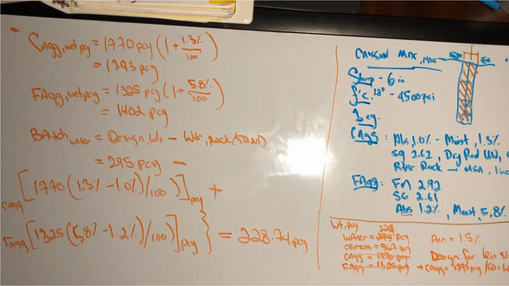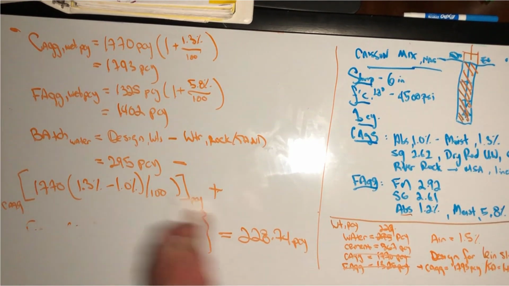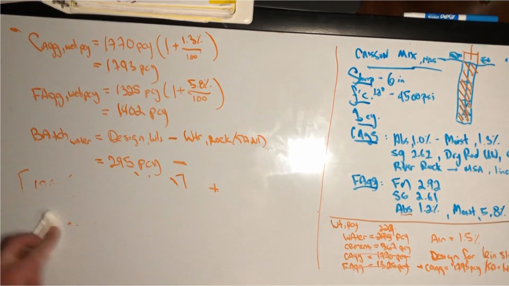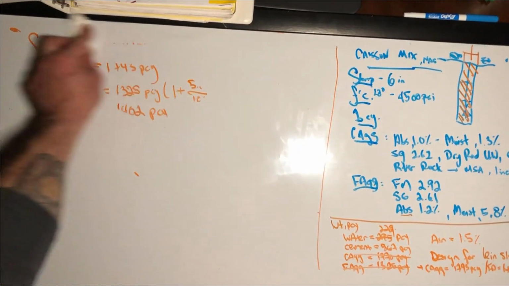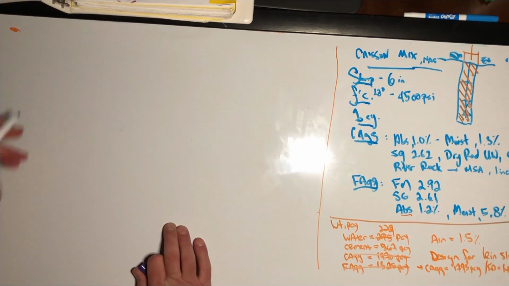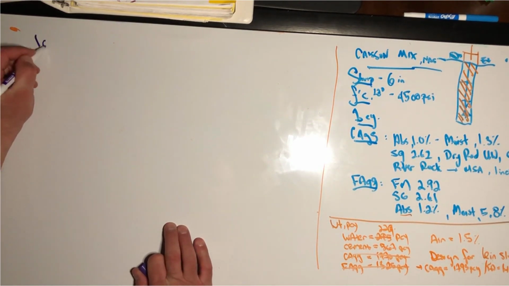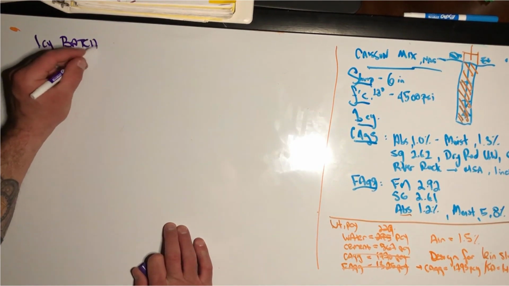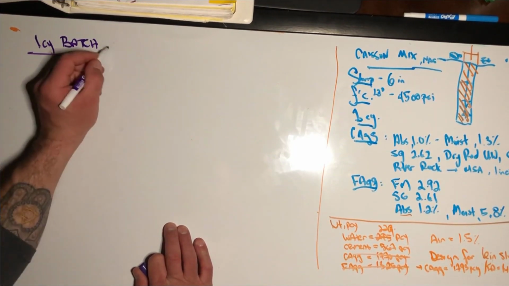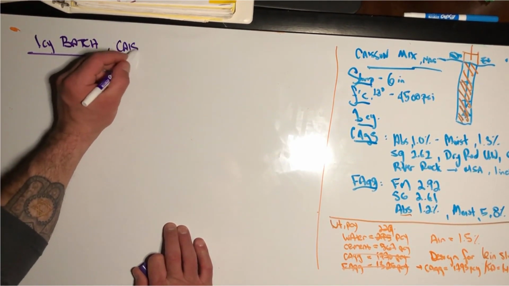Okay, let me write this final mix design on a cubic yard basis, then I'll do the high range water reducer and we'll call it good for tonight, folks. So our final mix design is a 1 cubic yard batch for caissons.